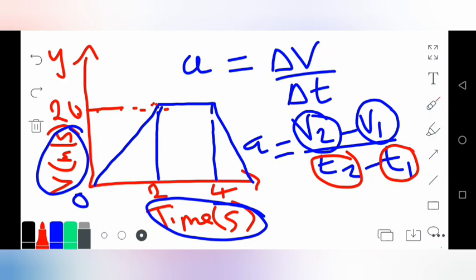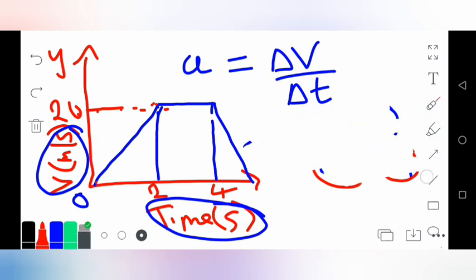From this graph, we can simply get the acceleration of this object, which started at 0. So let's pay attention and grab the details from the graph. The motion started from 0 and goes all the way up to this point. At this point, you look at the y-axis.